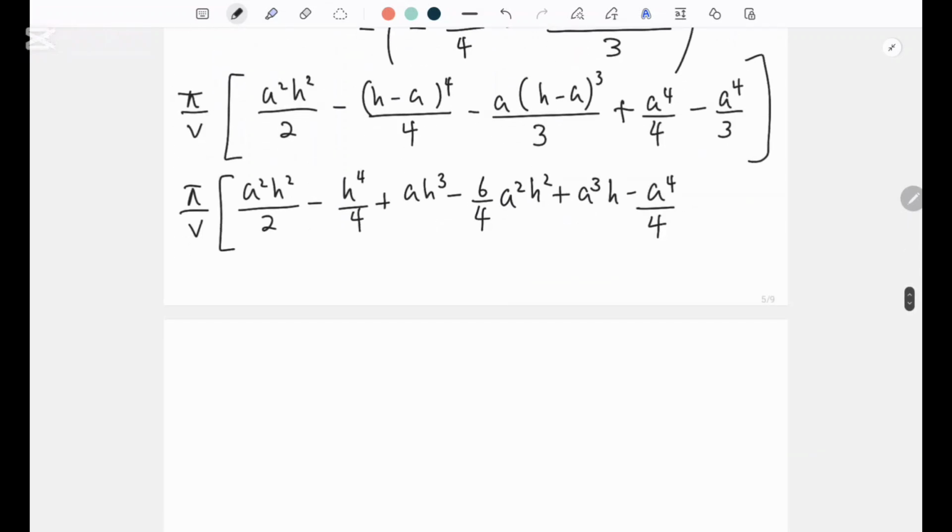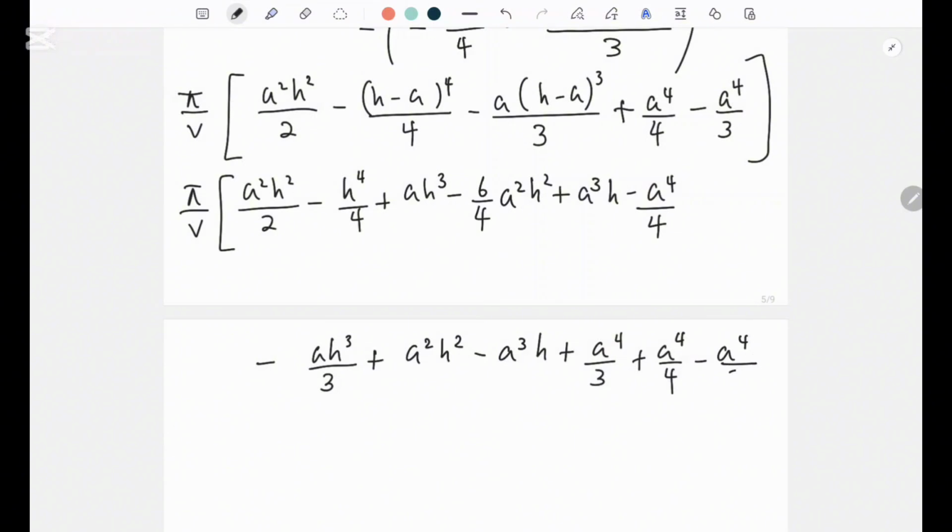Okay, and minus a into (h minus a) to the power 3 gives you a h cubed over 3 minus a squared h squared plus a cubed into h minus a to the power 4 over 3. And then finally you add your final a to the power 4 over 4 minus a to the power 4 over 3.